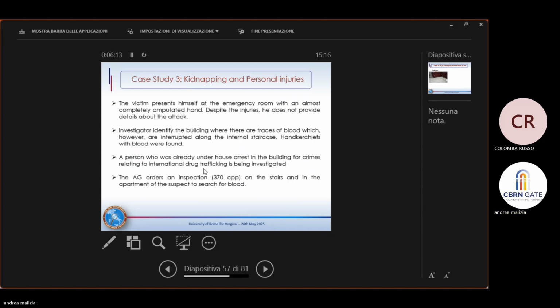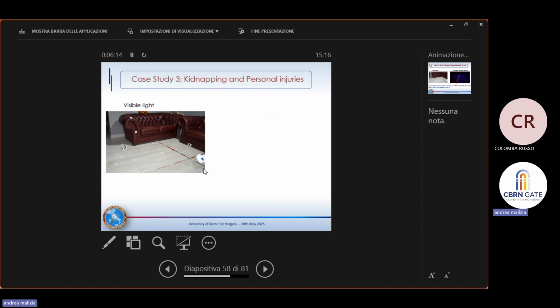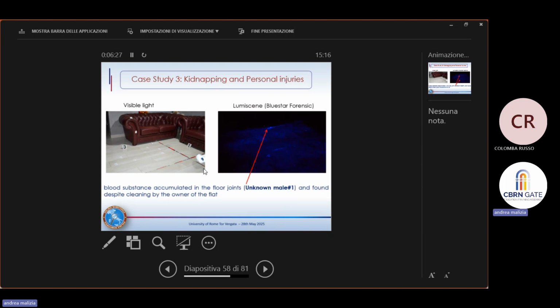Of course, the suspect probably had cleaned the floor completely, but luminol is so sensitive that blood was found in the space between the floor joints.